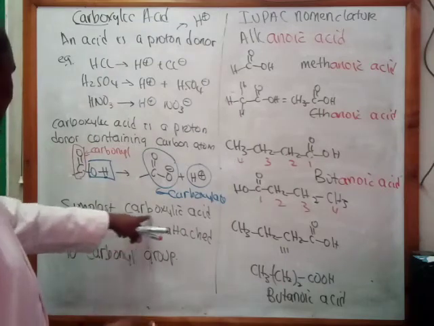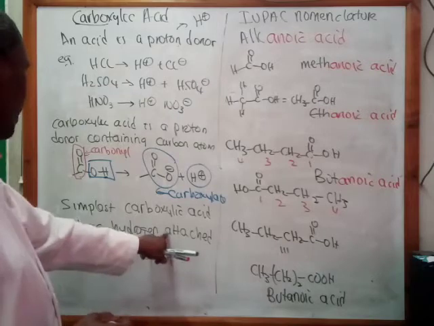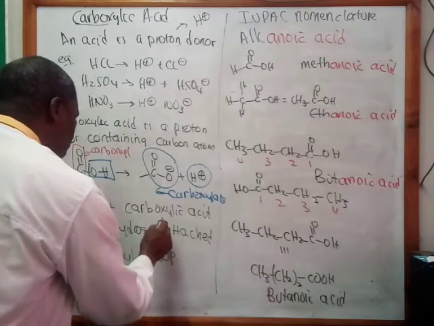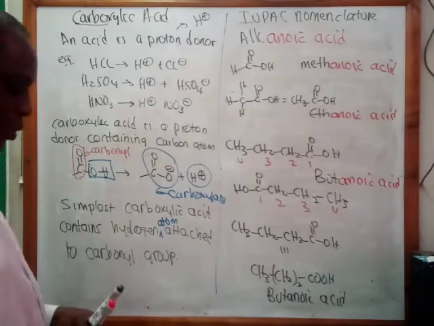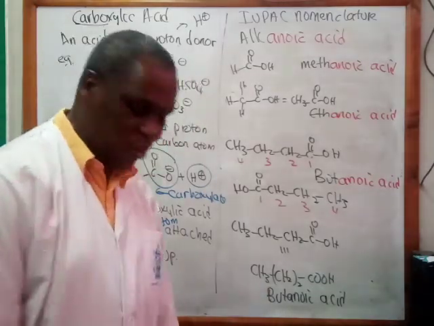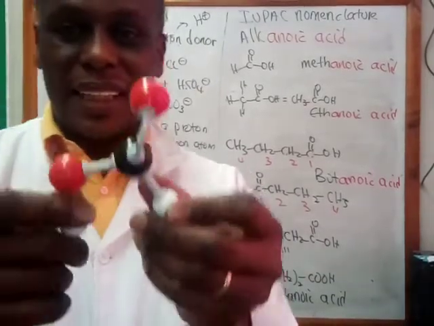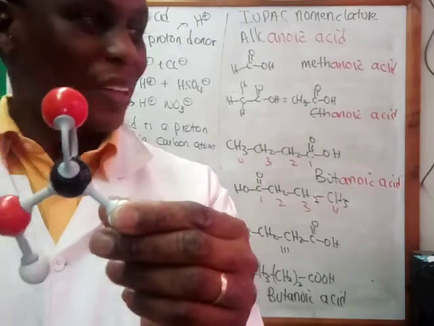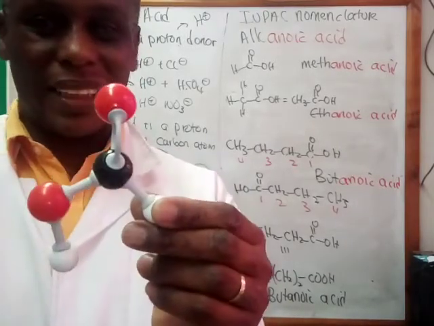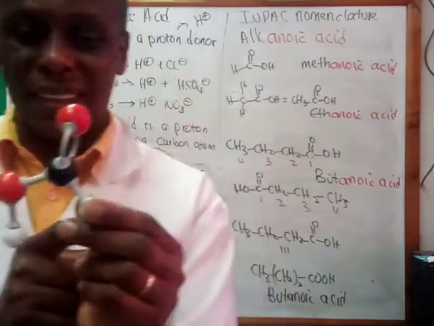So the simplest carboxylic acid contains a hydrogen atom attached to the carbonyl group. Let me show you the structure of the simplest carboxylic acid. I think you are now familiar with these letters and the atoms they represent.